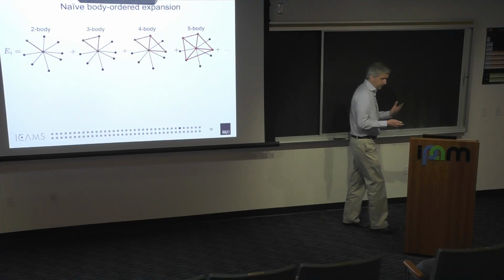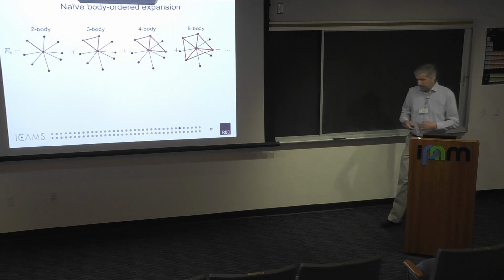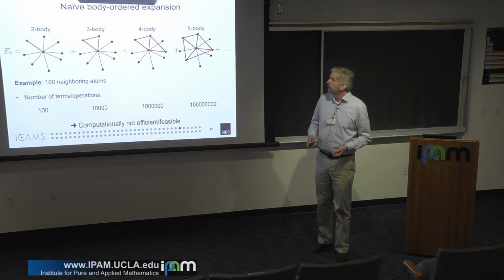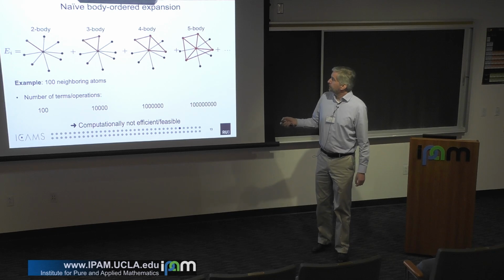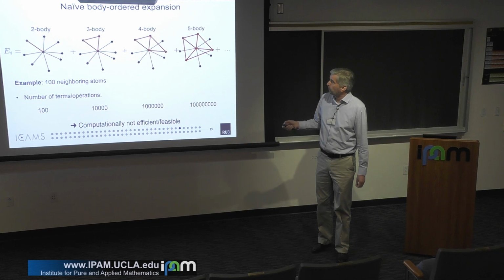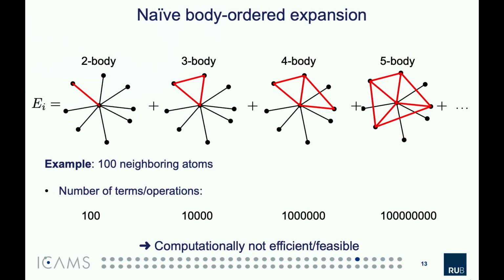Now assume that you have, let's say, a close-packed material like FCC, and then you may have 100 atoms in the neighbor list. And the effort related to doing this scales with the order of these n-body terms. Okay, so if you have 100 neighbors, then you will have 100 pair terms.